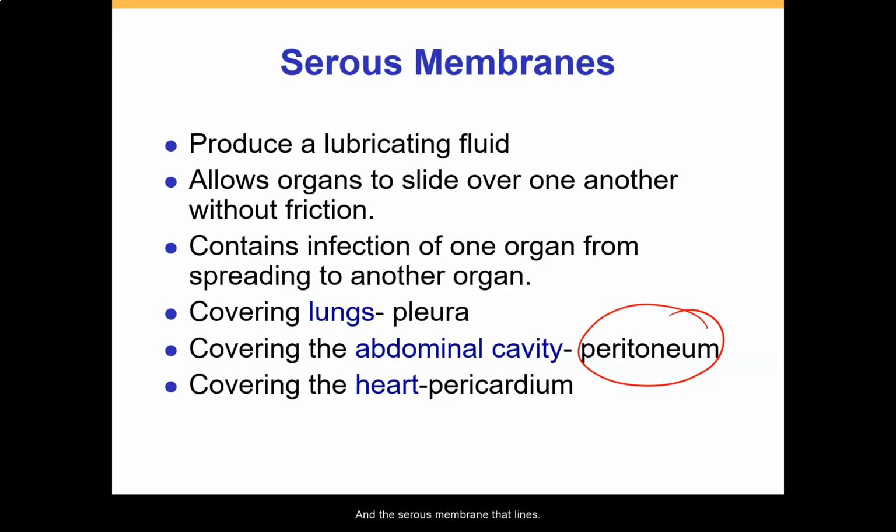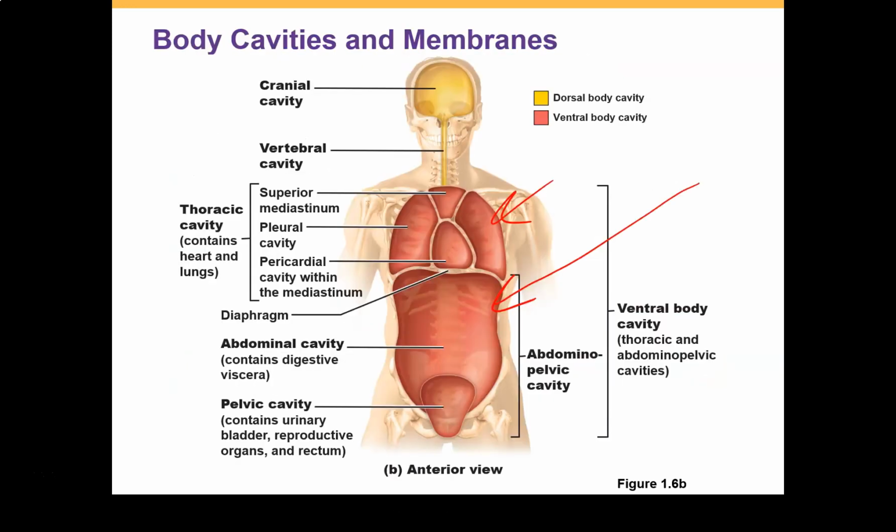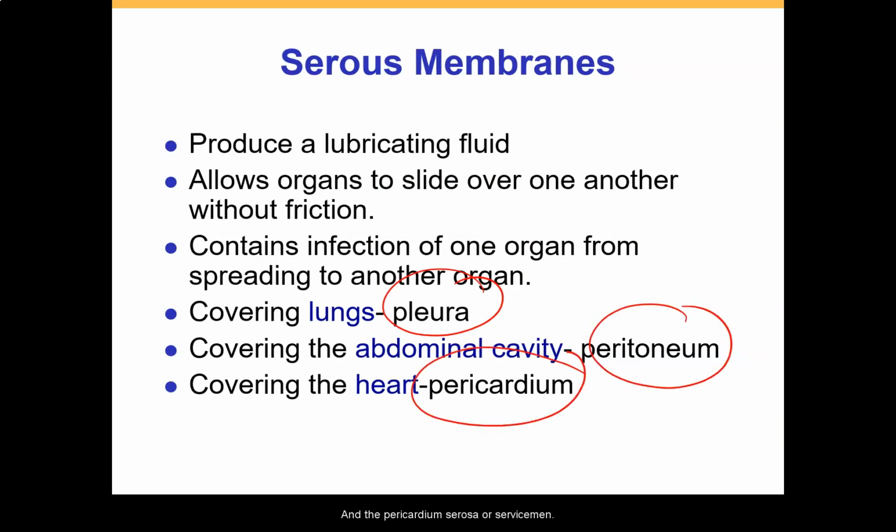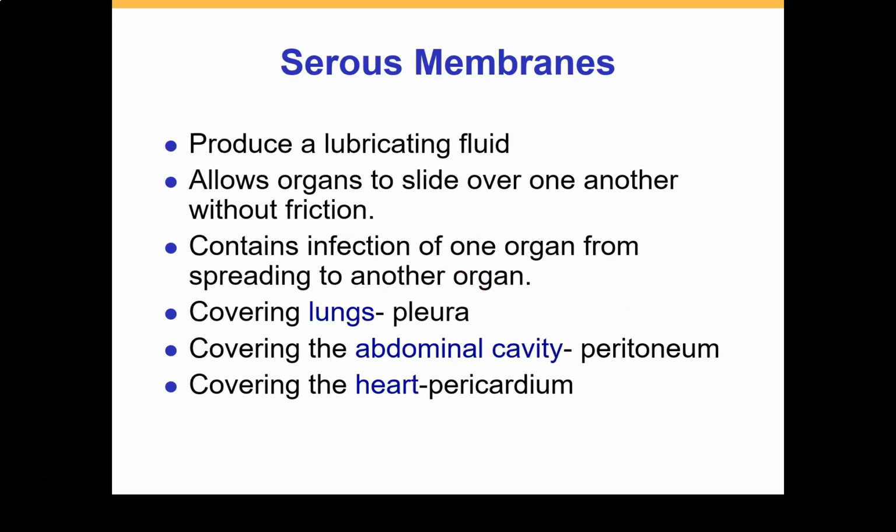And the serous membrane that lines the pericardial cavity, that is known as the pericardium. So we have three serous membranes, the pleural serosa, the peritoneum serosa, and the pericardium serosa or serous membranes.